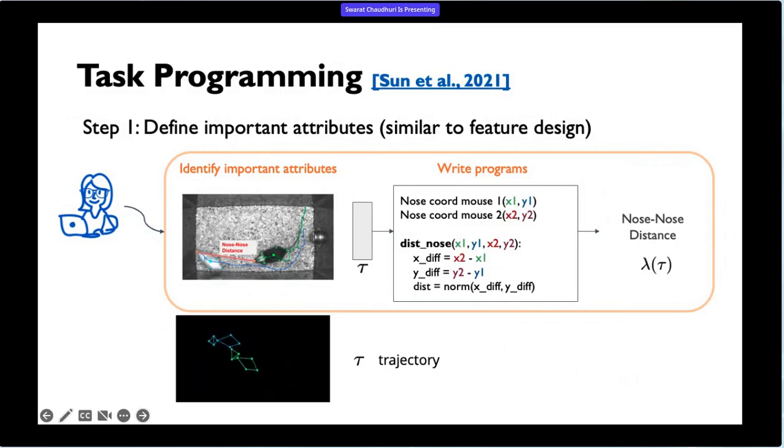Together, this allows you to, if you start with a trajectory where you have a sequence of these images, that has been turned into these sorts of XY features, which we are assuming are given. So these are the key points that are coming out of the key point estimator. Then you have these programs. Let's just focus on this program, and what this program gives you is this function that is the nose-to-nose distance.